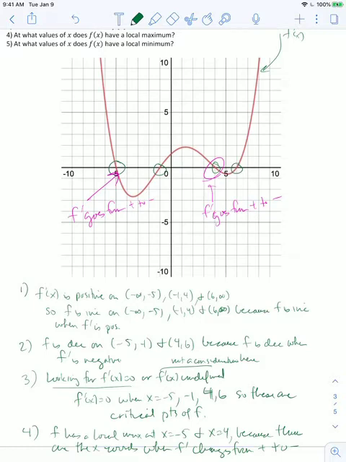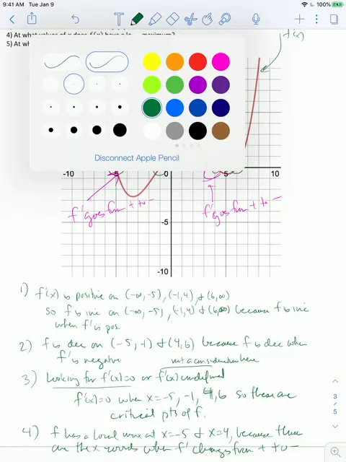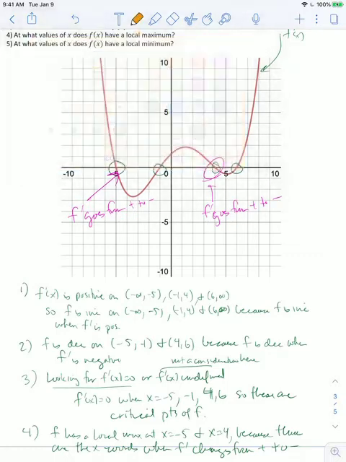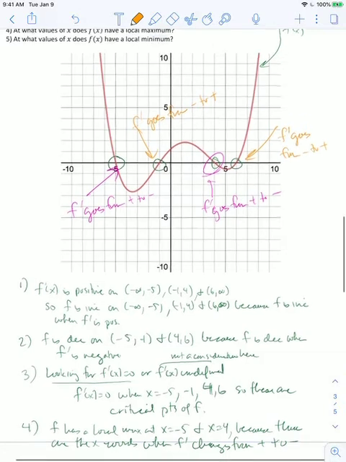And similarly, if we're asking where does f of x have a local minimum, I'll use a different color here. f prime is going from negative to positive here, and f prime is going from negative to positive here, and that's exactly where the first derivative test tells us that we have a local minimum, when the derivative switches from negative to positive.